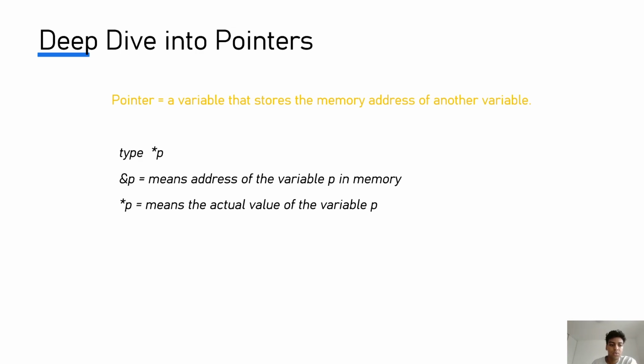And we use two symbols. The first one here means the address of the variable p in memory, and this one means the actual value of the variable. So I will show you some examples of how this is very useful, and what to do and what not to do with those things. I will open this code.